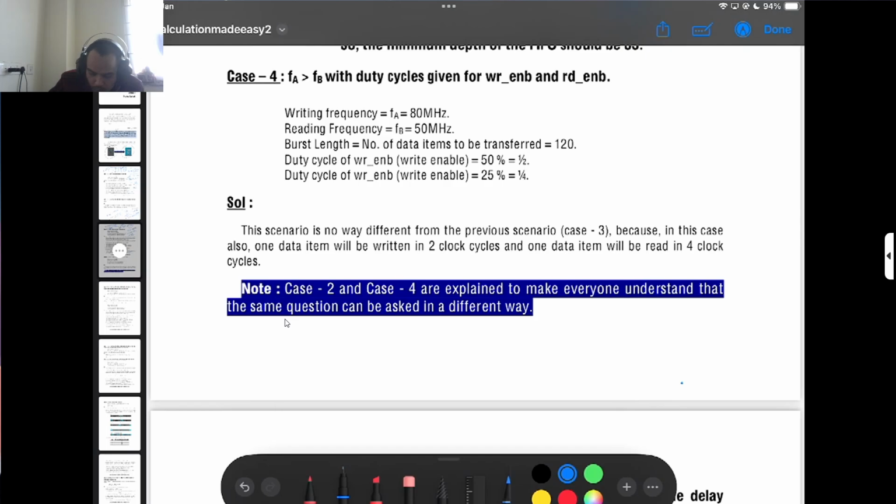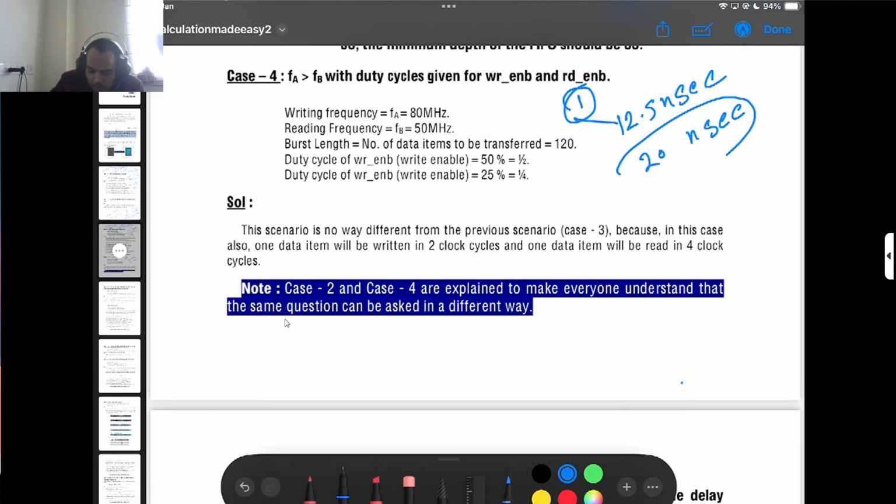Here is my 80 megahertz, that is 12.5 nanosecond, and 50 megahertz, that is 20 nanosecond. So this is my writing speed. In one clock cycle, the writing speed is satisfied, so there is no problem.